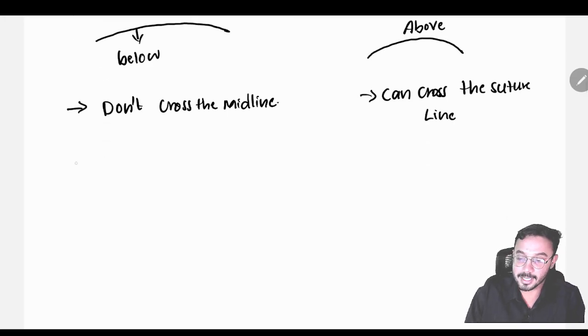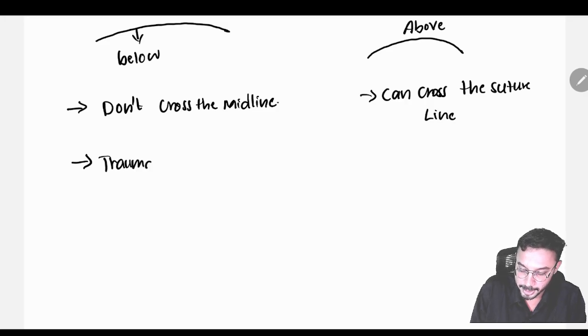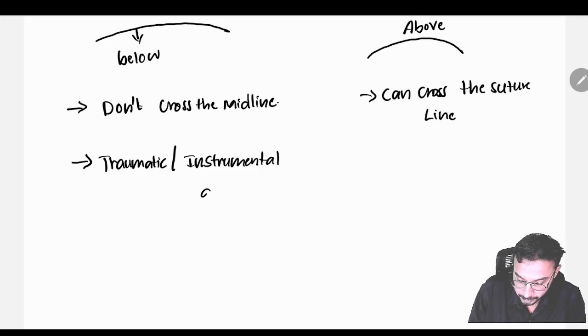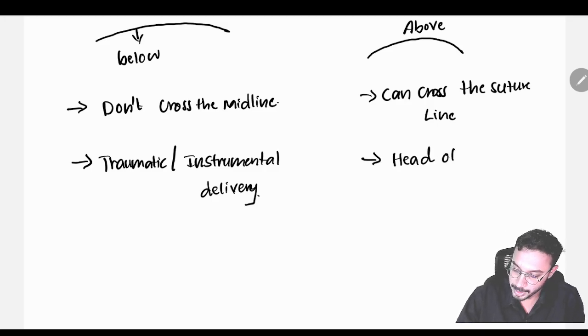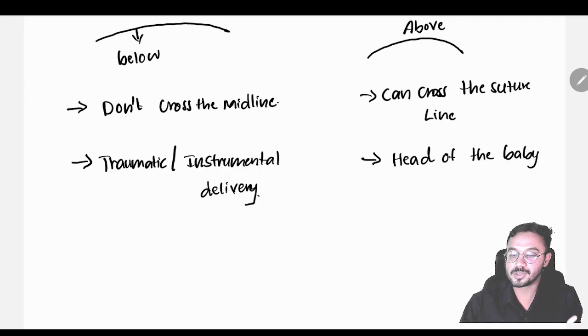And why is hematoma occurring? Because of traumatic delivery, if there is a traumatic injury or instrumental delivery. So tell me, what is the cause for caput succedaneum? When delivering the baby's head, we will be using some instruments like forceps and all.